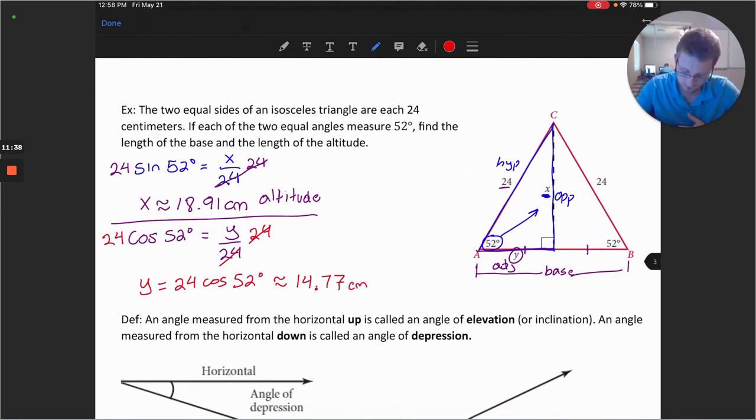And if we wanted to find the full base, the base is just going to be equal to 2 times the length of y. So if I do 2 times the length of y here, we'll get approximately 29.55 for that result. You put that into our calculator. And that's in centimeters as well.